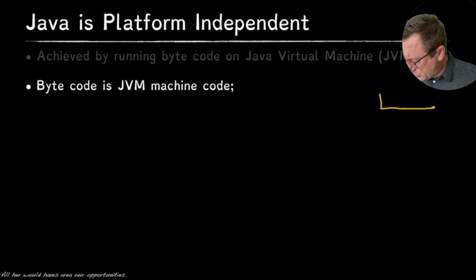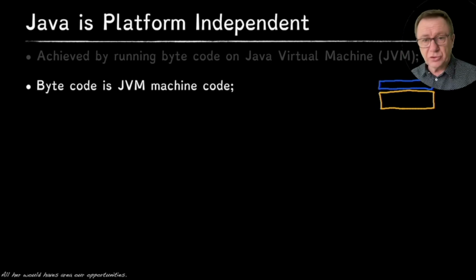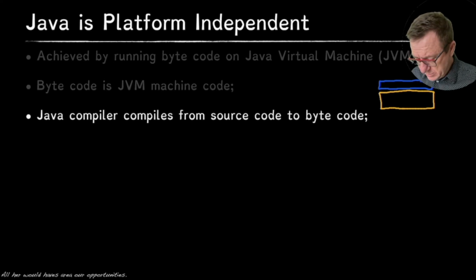I'll say we've got your computer, okay? And then the Java virtual machine sits on top of your computer. Not physically, but in the machine. And the bytecode is compiled to the Java virtual machine code. And then that can execute on top of your computer.